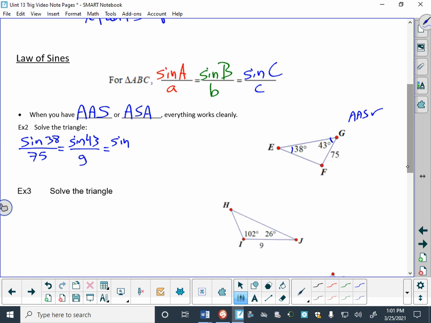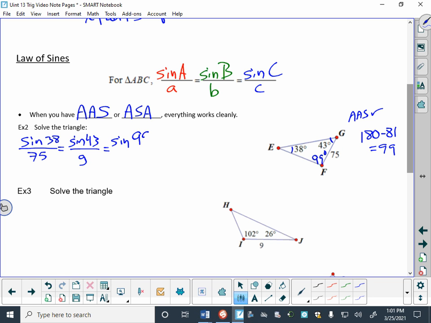These two angles together add up to, what do we got? 38 and 43 is like 40 and 41, which add up to 81. And 180 minus 81 is 99, so I know that angle is 99 degrees.